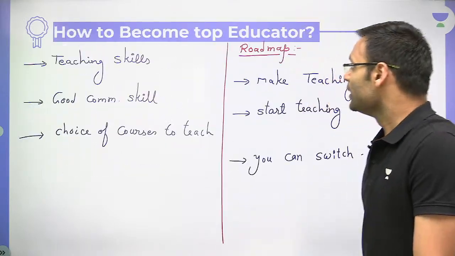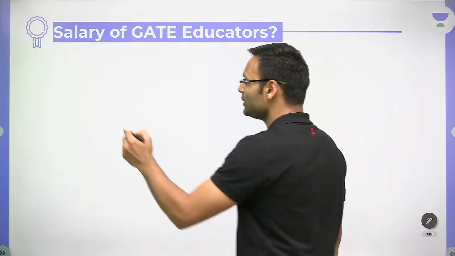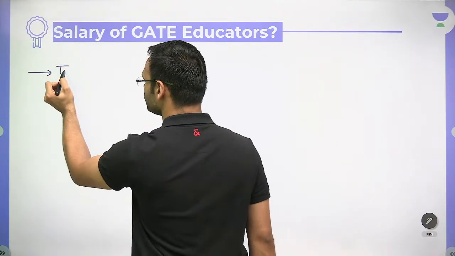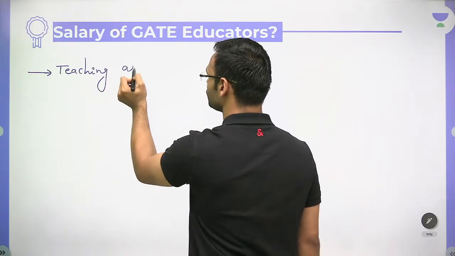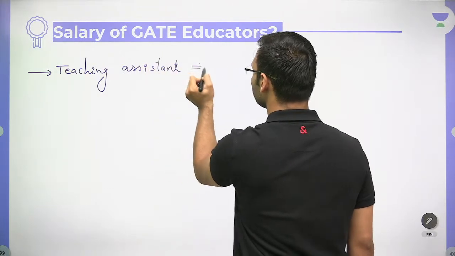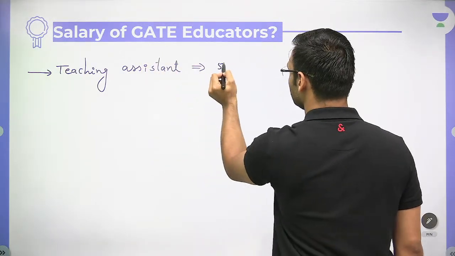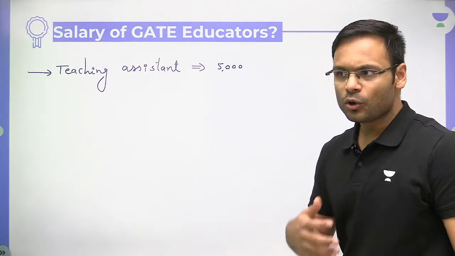Now let's come to the salary part, which is the most important part. You guys have been waiting for a long time. So when you start as a teaching assistant, it depends on the institution. As a teaching assistant, part-time to full-timer, it depends on whom you are working with, an institute or a teacher.